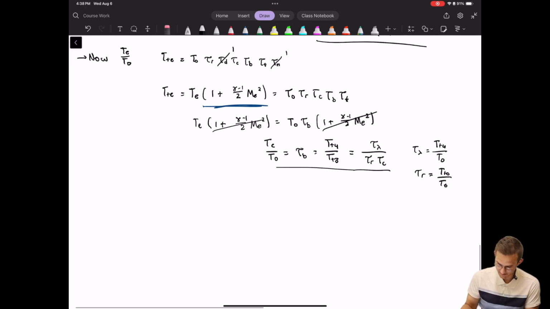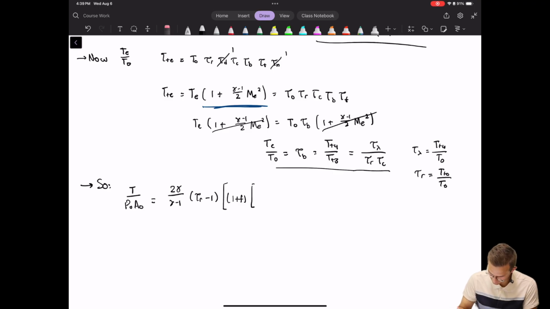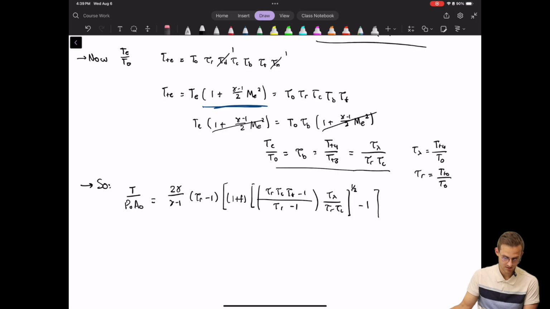Okay, so now we can write our thrust. So our non-dimensionalized thrust, in terms of our engine parameters, is 2 gamma over gamma minus 1 times tau R minus 1 times the quantity 1 plus f times tau R, tau C, tau T minus 1 over tau R minus 1 times tau lambda over tau R tau C, that whole thing raised to the 1/2 power, minus 1, close bracket.